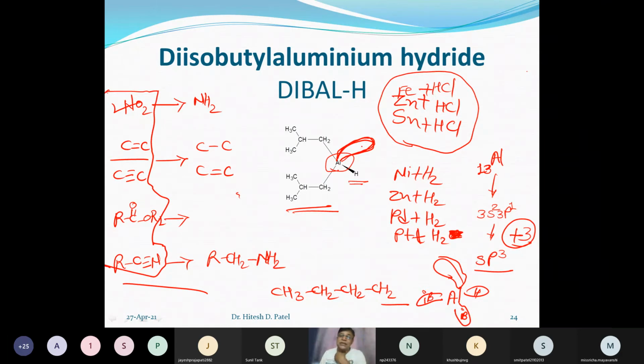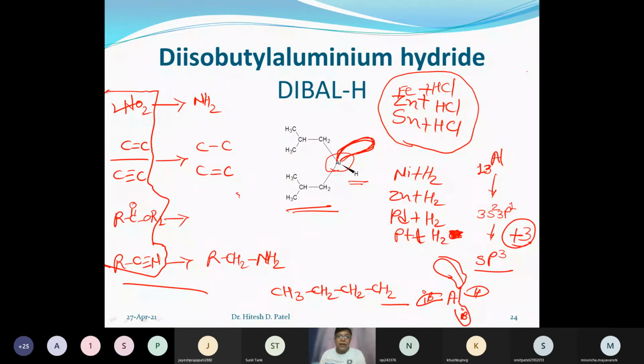This orbital is responsible to initiate the reaction, and after that the further reaction will take place. I have explained the chemistry of aluminum because this is the key point where the reaction will take place.